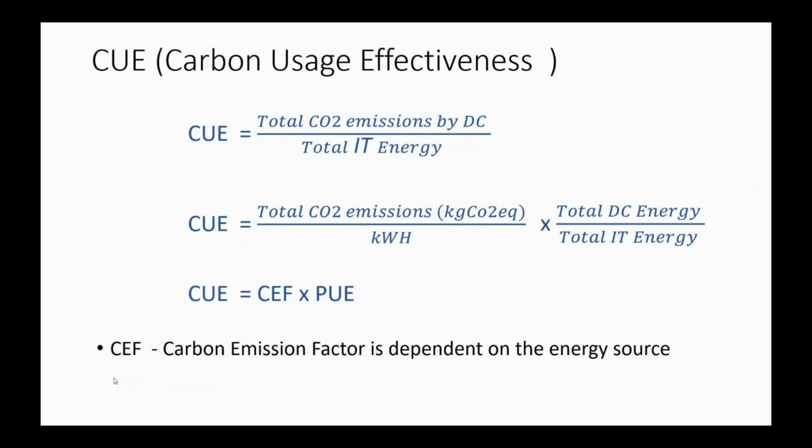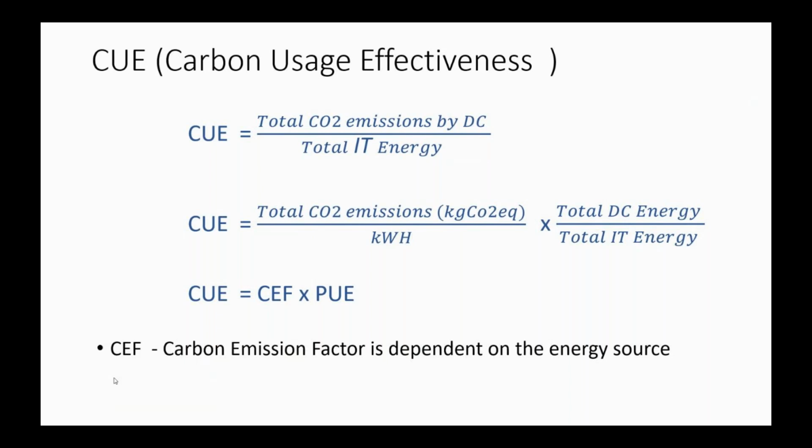So why are we so heavily focused on PUE? Because PUE leads to CUE, which is carbon usage effectiveness. That's really the ratio of how much carbon dioxide you emitted as a data center to how much IT energy you used. But as you can see, if you just rewrite that equation, CUE is actually a product of carbon emissions factor times PUE.